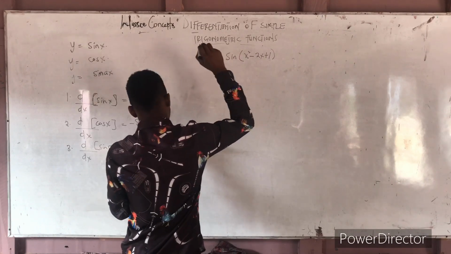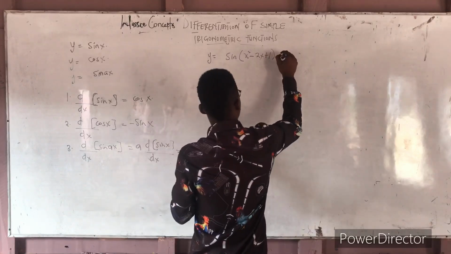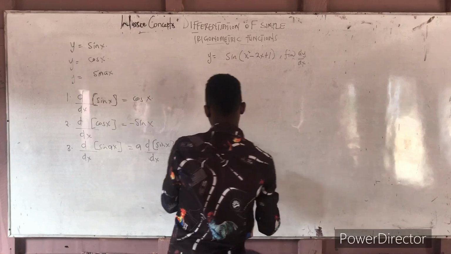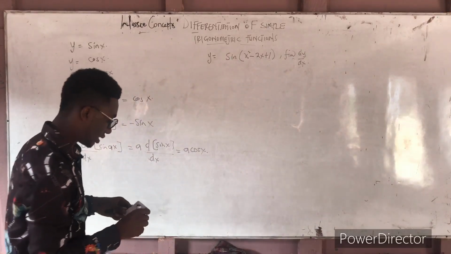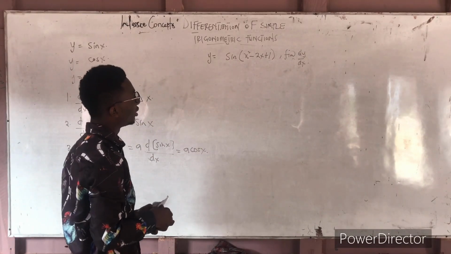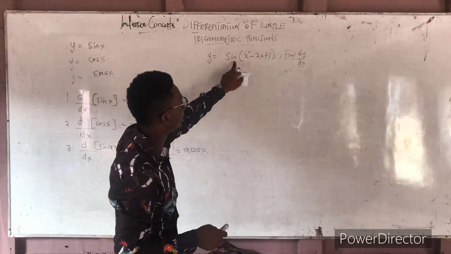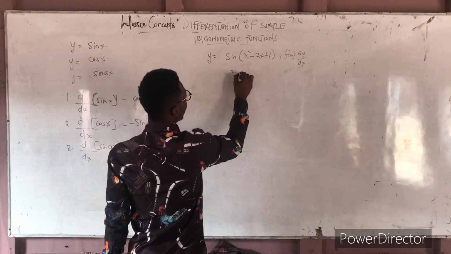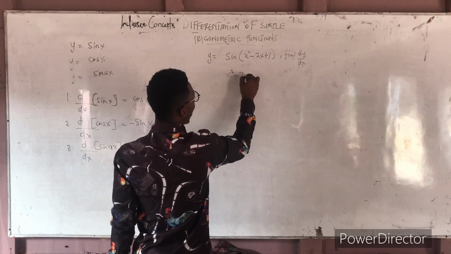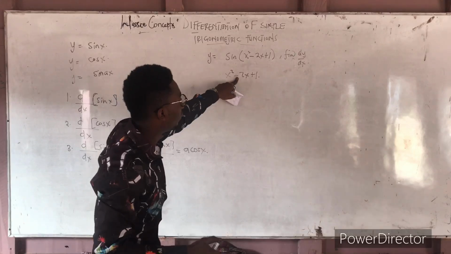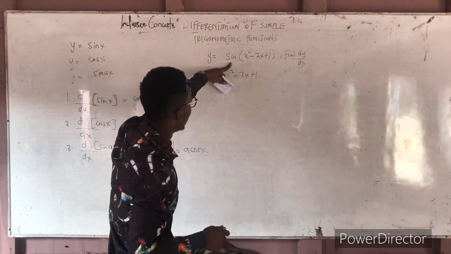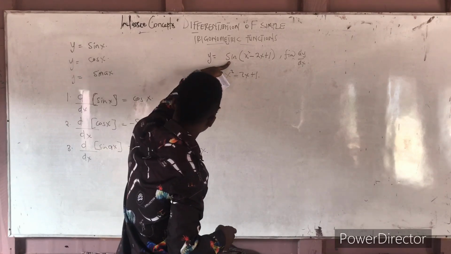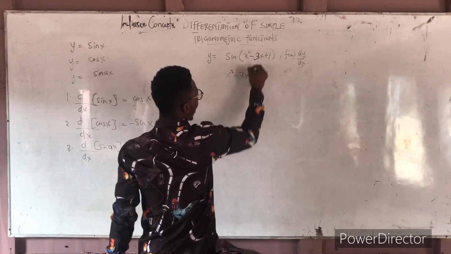You have to find dy/dx. So if you want to find the derivative of a sine function, let's take this whole function, x squared minus 2x plus 1. You have to find the derivative of this whole function. You have to take note of that because, sorry, the question here is minus 3x.